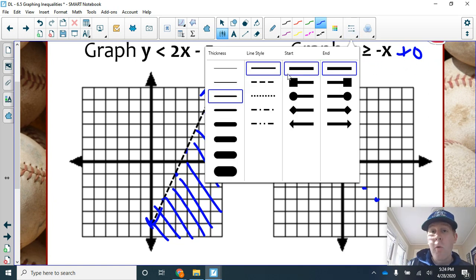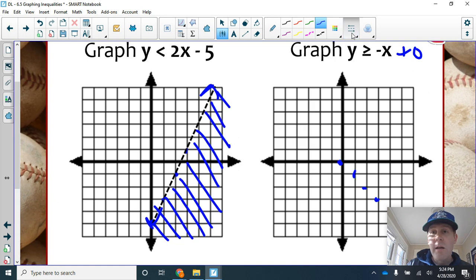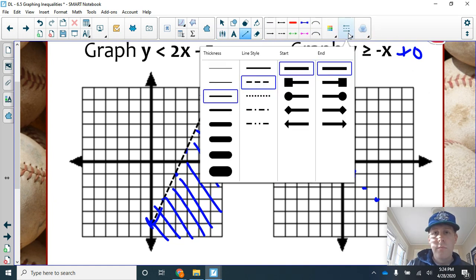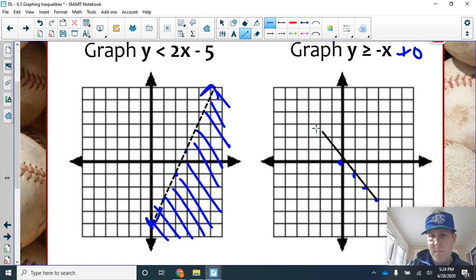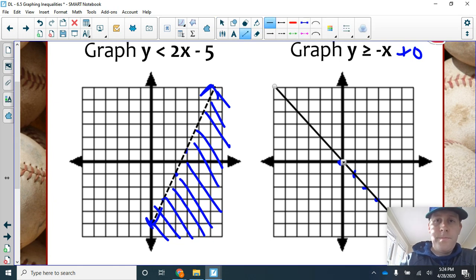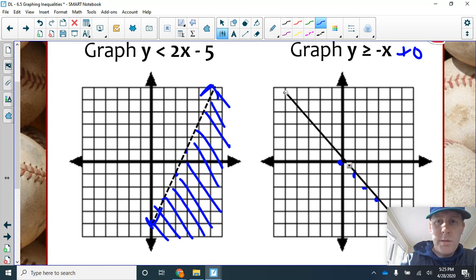Since it is or equal to, we're going to use a solid line. I'm going to extend this out a little bit. Okay, let's put arrows on both sides. Oh my goodness.